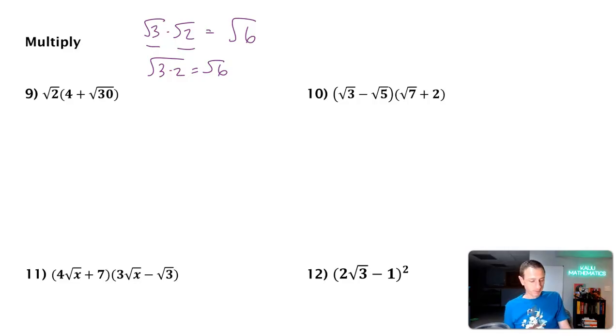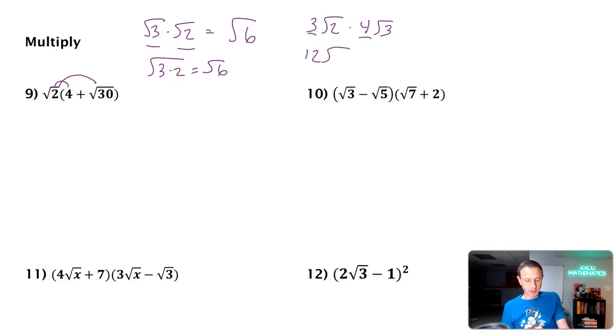So let's go ahead and just multiply this out. So square root of 2 times 4 and square root of 2 times square root of 30. But, side note here, 3 square root of 2 times 4 square root of 3, let's say. If I have 3 root 2 times 4 root 3, I would multiply the outsides, those coefficients. 3 times 4 is 12.